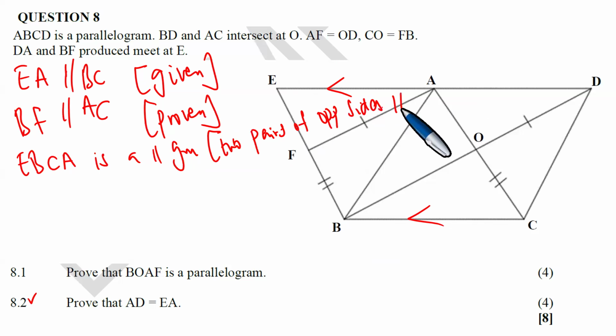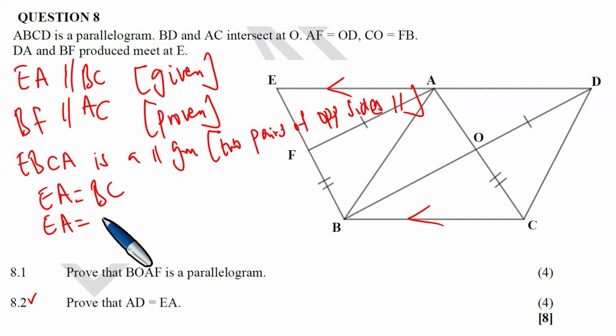Okay. EA is equal to BC. And then we're noting that if EA is equal to BC, we're able to know that EA is equal to AD, because this is a parallelogram and the sides are equal to each other. So we've been able to show that EA is equal to AD for 4 marks.